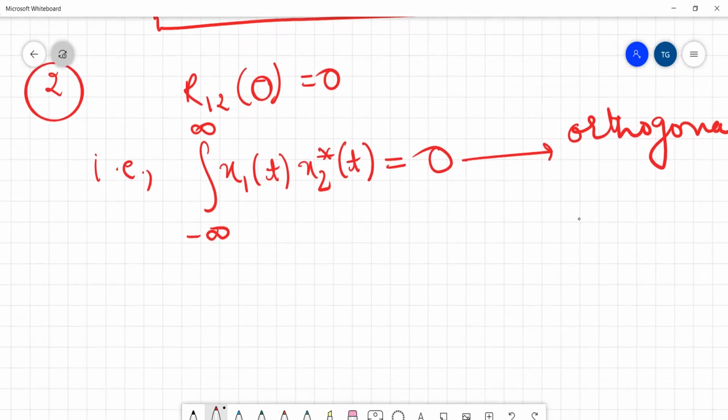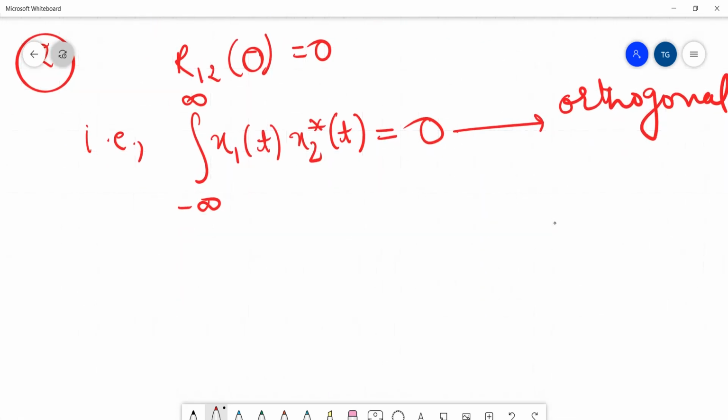And the third property is, when I take the Fourier transform of my cross correlation function. It's stating that the cross correlation of two energy signals corresponds to the multiplication of the Fourier transform of one signal by the complex conjugate of the Fourier transform of the second signal.